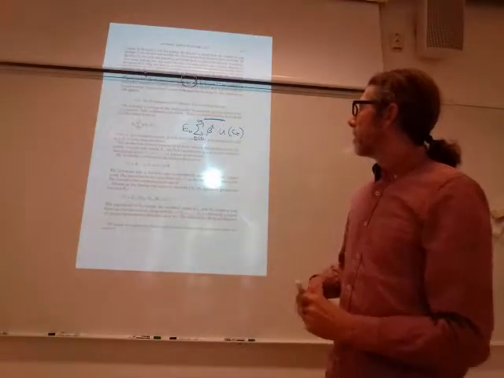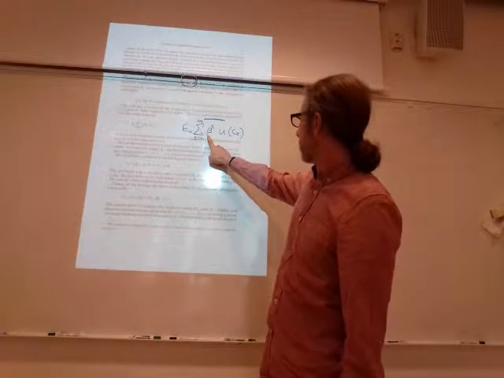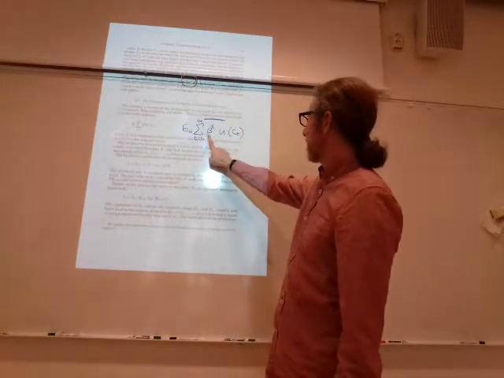So what's this? This is what the representative household wants to maximize. It's just the expectation of the sum of discounted utility.